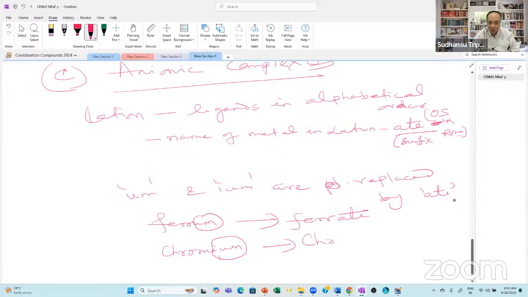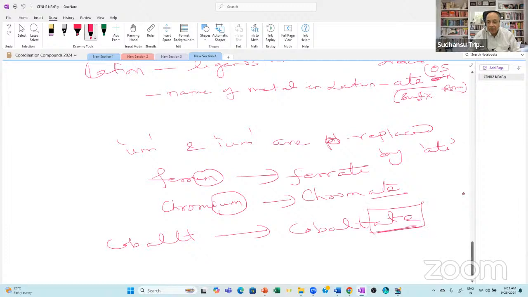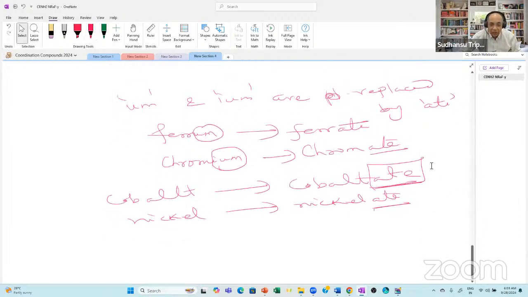But if there is no um or ium, like cobalt, then it is cobaltate. No replacement, ate will definitely be there. If it is nickel, it is nickelate. No replacement.